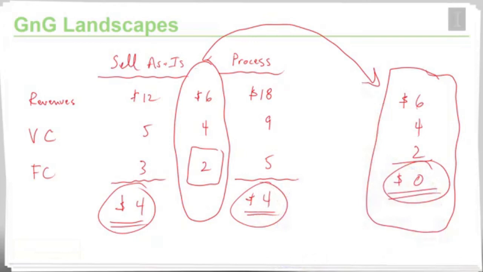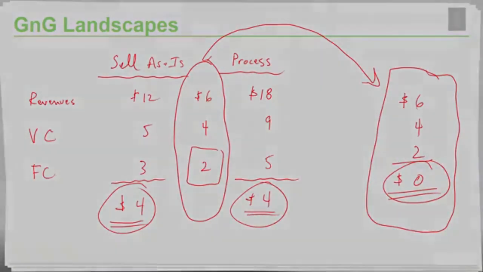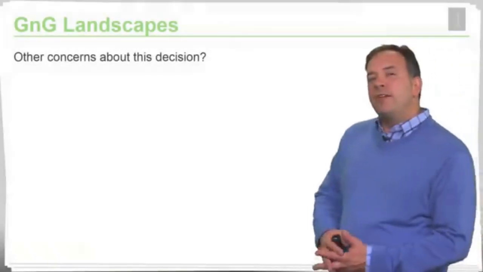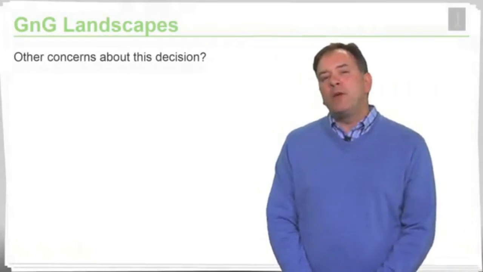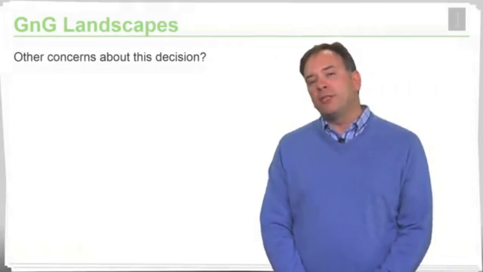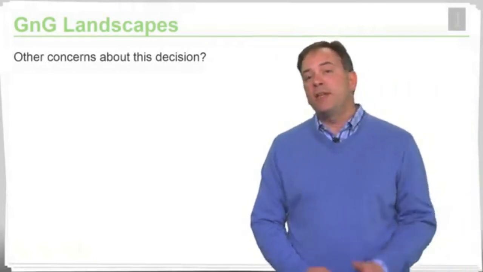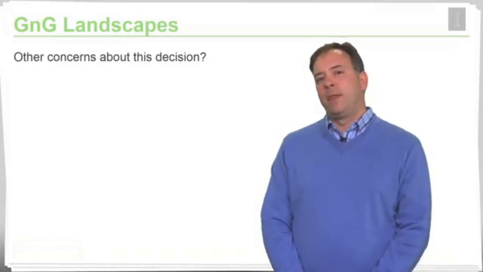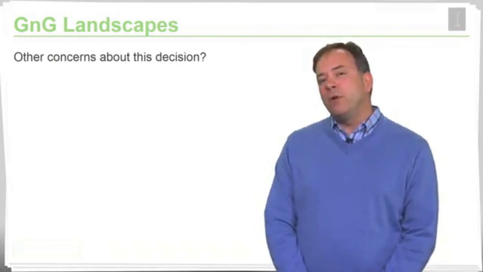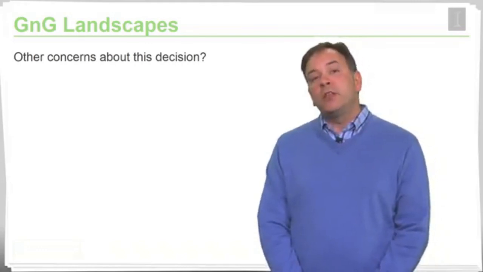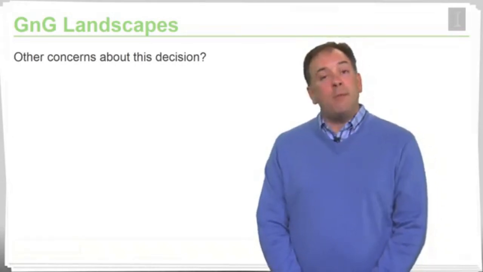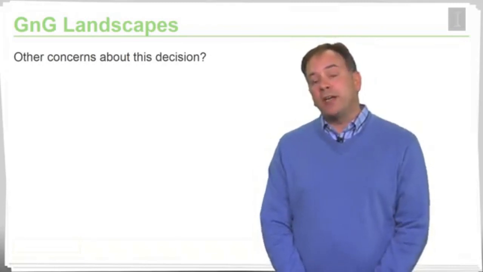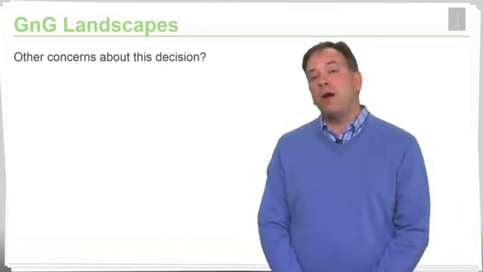So let's have a checkpoint to make sure that we're all on the same page on this sell now or process further decision. So as with every other decision, let's think about the qualitative or non-financial perspective. We've covered the financial perspective, but what other concerns might you have in this setting? Well, one, processing our roses further leads us to the long stem variety, and that might be strategically a better course of action, even though it doesn't do much for our profits.